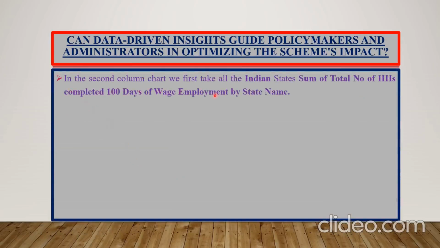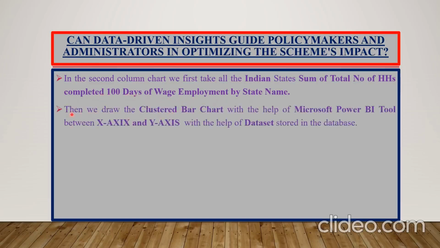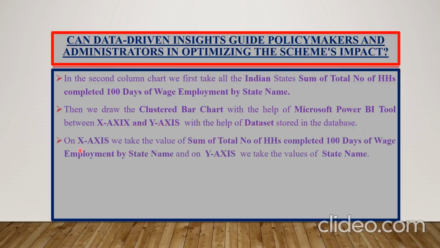In the second column chart, we first take all the Indian states, sum of total number of HHs completed 100 days of wage employment by state name. Then we draw the clustered bar chart with the help of the Microsoft Power BI tool between the x-axis and y-axis with the help of the dataset stored in the database.